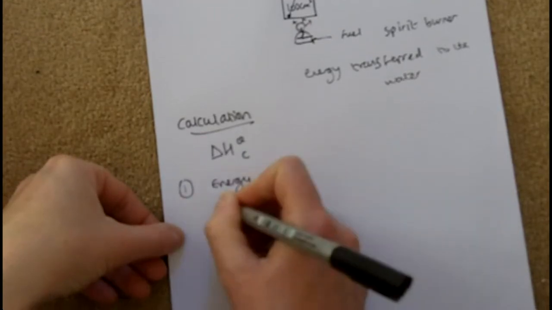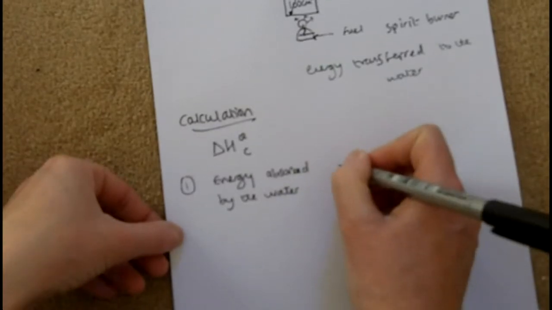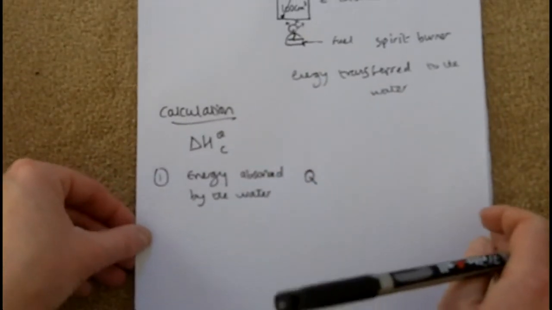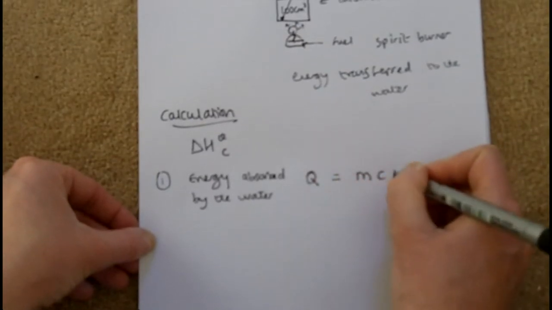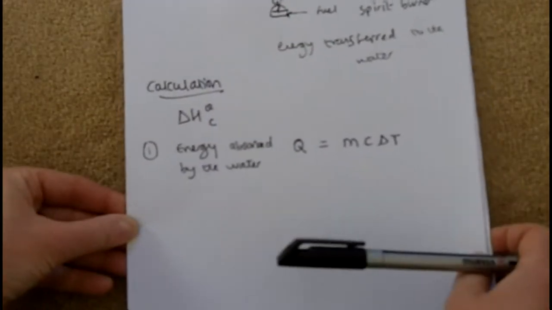This is given the symbol Q in chemistry, and we use Q equals mc delta T.